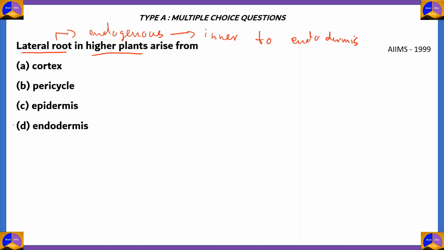Option D, endodermis, is incorrect because lateral roots arise from a layer which is lower than endodermis, which is more deeper. So option D is incorrect. What about option C, epidermis? Again, it is the outer surface of the plant, and lateral roots do not occur from the surface. What about option A, cortex?